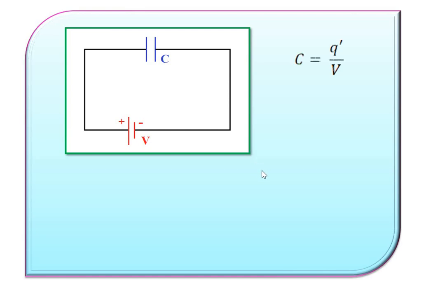We know the capacitance formula, C equals Q by V. That means here C equals Q' divided by V. Rearranging this equation, we get V equals Q' divided by C.